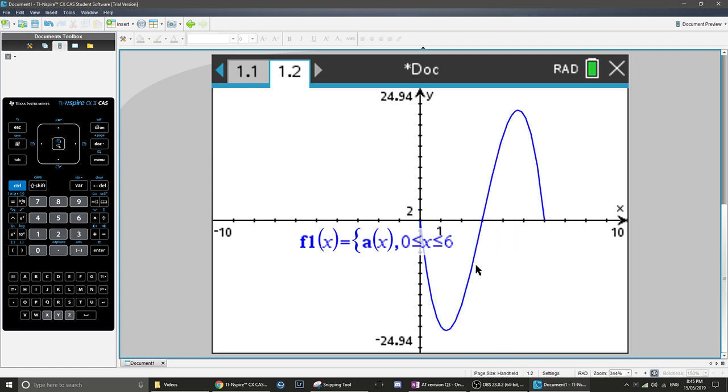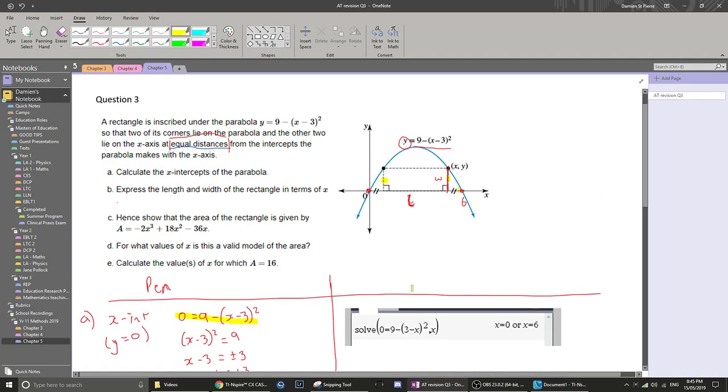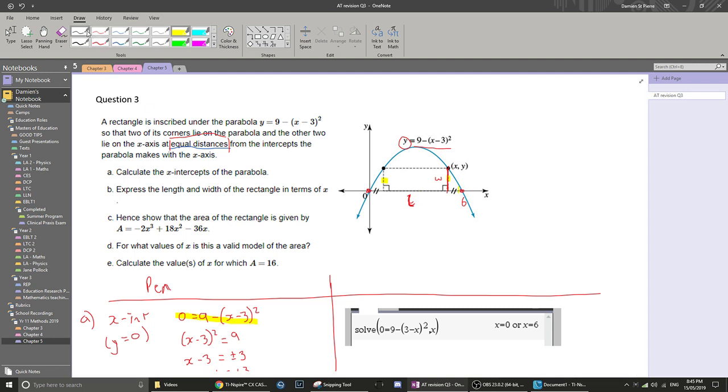Okay. This is where, mathematically and then with an intuitive interpretation of our graph, here we have an x of 3. Let's go back to our graph. This is telling us if we put an x of 3 in, we're going to get an area of 0. What does that look like?